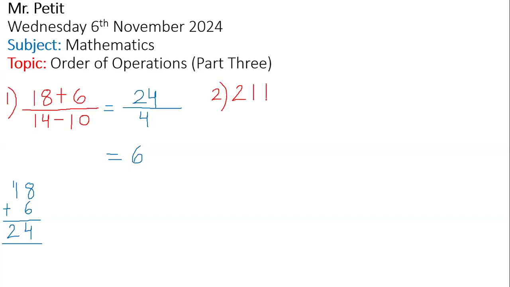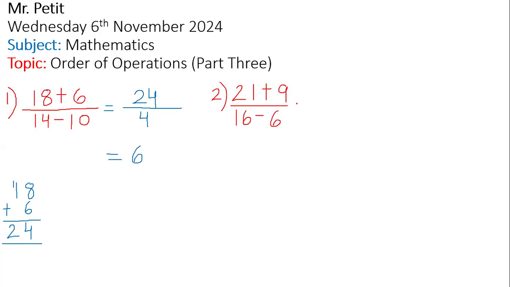So it's going to be 21 plus 9 all over 16 minus 6.